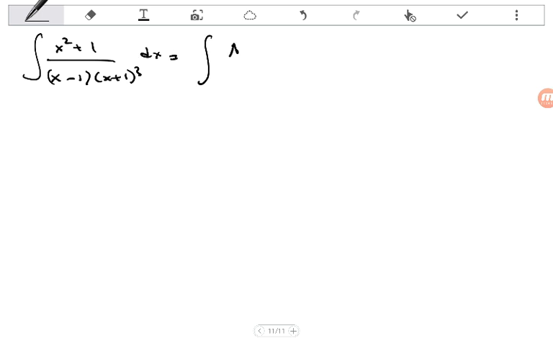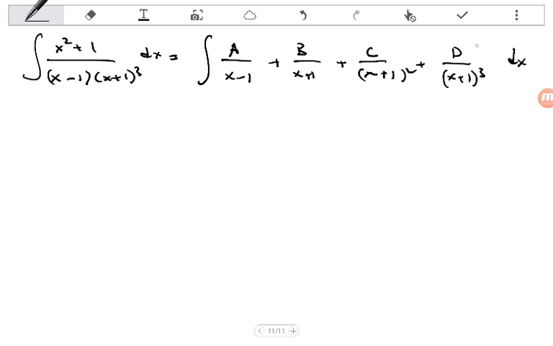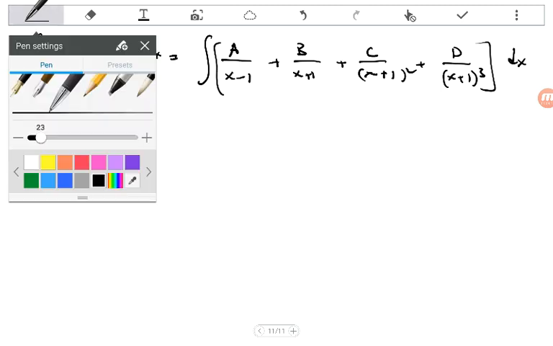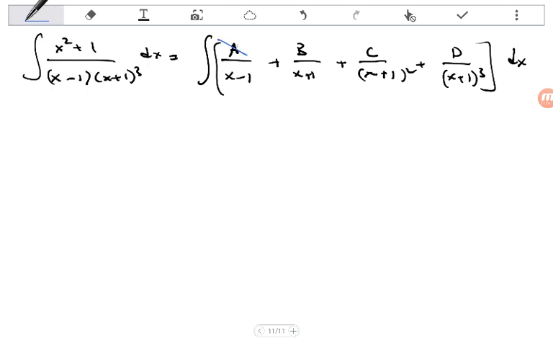I have managed to write it as a sum of fractions like this: a over x minus 1 plus b over x plus 1 plus c over (x plus 1) squared plus d over (x plus 1) cubed. Now I have all the constants a, b, c as numbers.